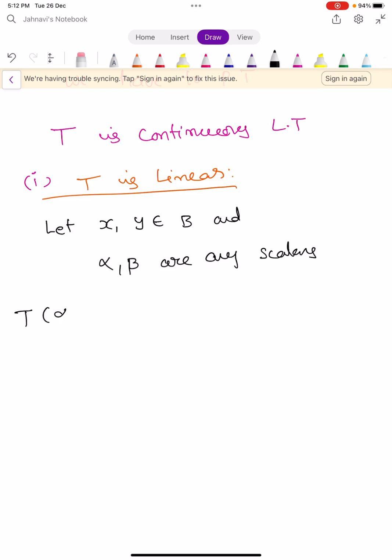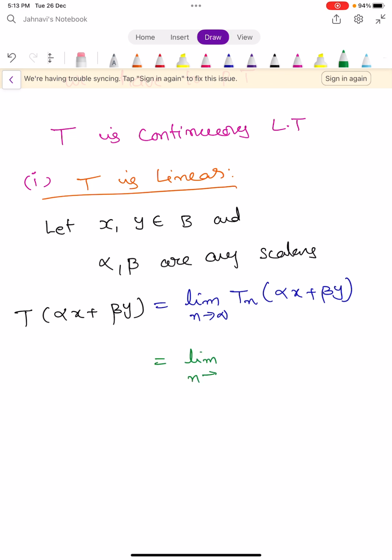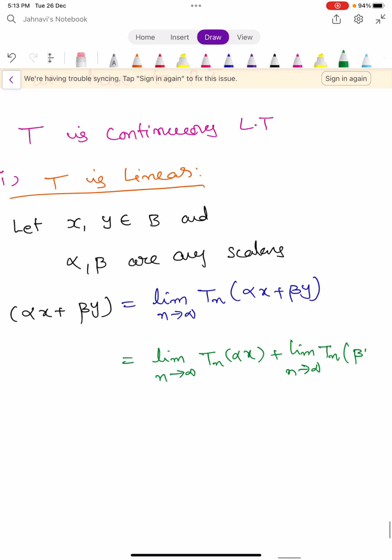Now consider T of alpha x plus beta y, which is equal to limit Tn of alpha x plus beta y, limit n tends to infinity. This can be split: limit n tends to infinity Tn of alpha x plus limit n tends to infinity Tn of beta y.